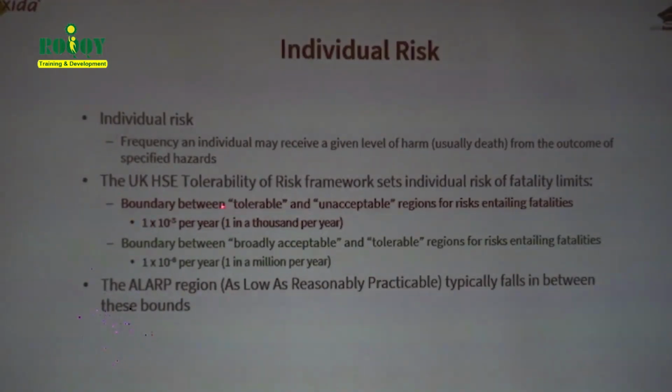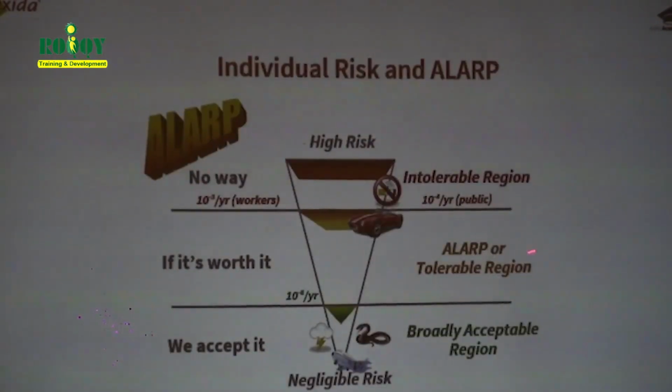The unacceptable region is 1 death every 1,000 years. Your chance of dying is once every 1,000 years. Whereas the acceptable region is 1 death in a million years. And the ALARP region falls between those two boundaries.